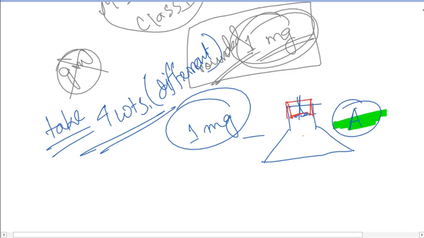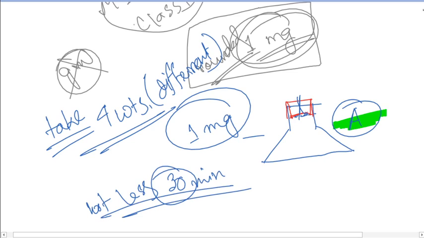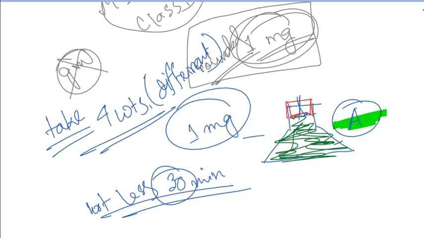We keep this picnometer, filled with water after removal of air, for at least 30 minutes, not less than 30 minutes, in the water bath.